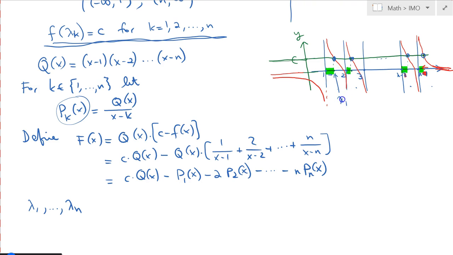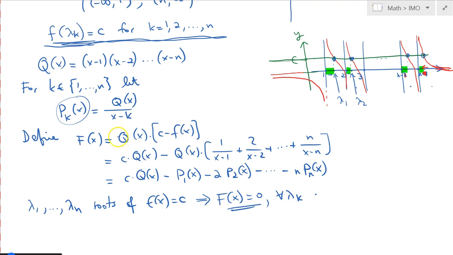This is where lambda 1 is, lambda 2 is somewhere here, and so on. So you get the idea. Lambda 1 through lambda n are the roots of f of x equals c, as I just showed here. This implies that capital F of x is also equal to 0 for all lambda k.